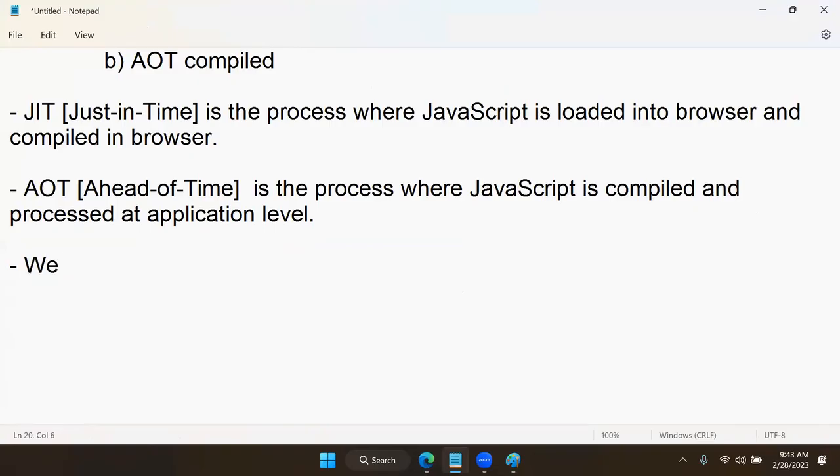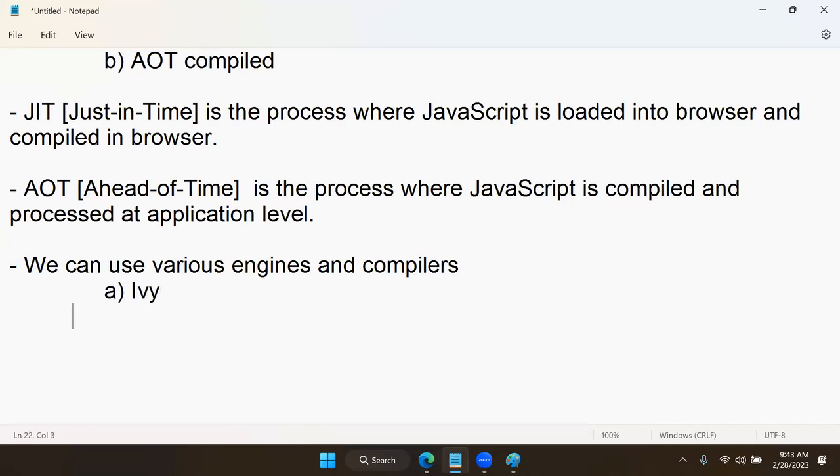That means we can use various engines and compilers. Very popular engines, we have engines like Ivy. Ivy is an engine. We have compilers like Babel. Babel is a compiler. These are the popular things that technologies are using to handle JavaScript.